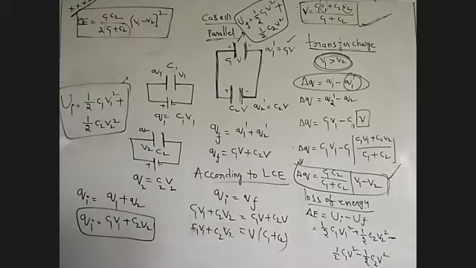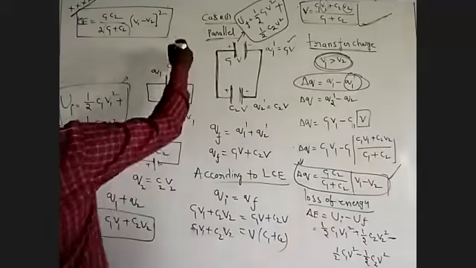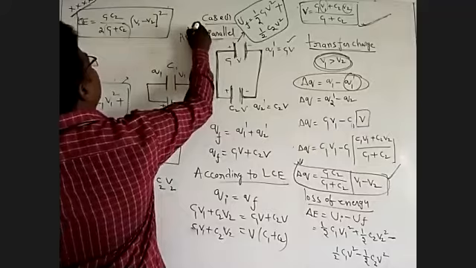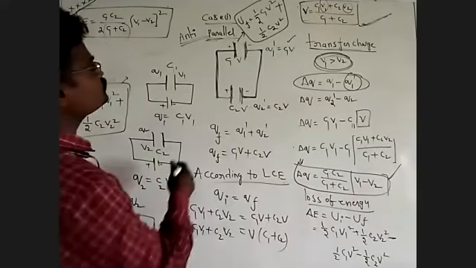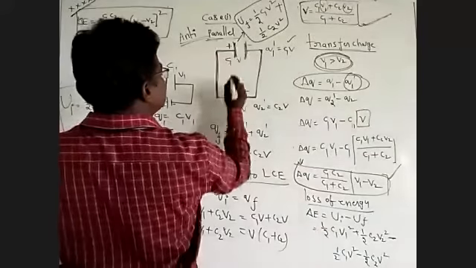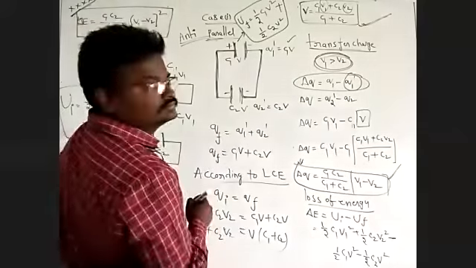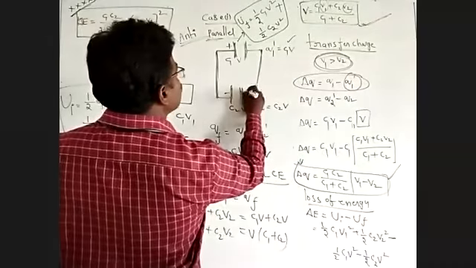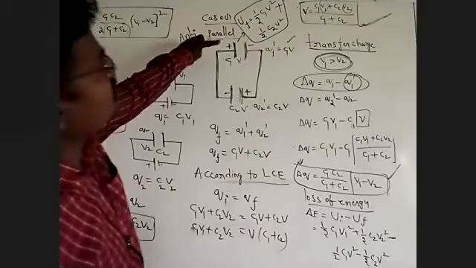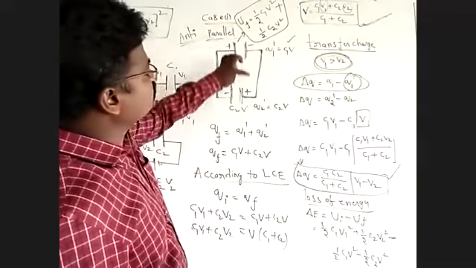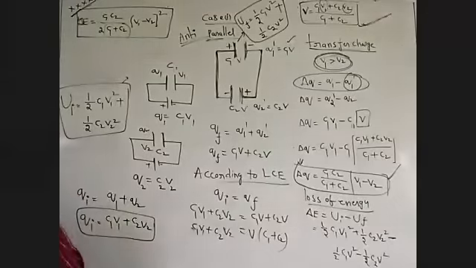Next, anti-parallel connection. Anti-parallel means the positive plate is connected to the negative plate, and the negative is connected to the positive.